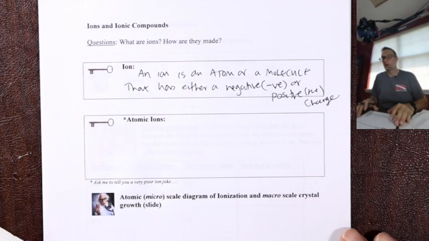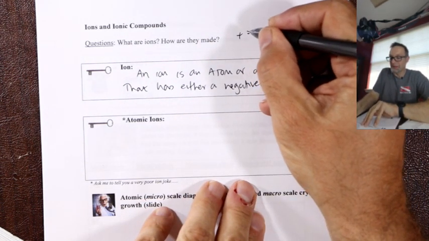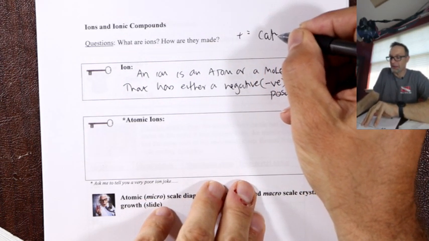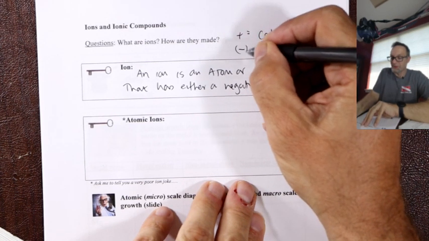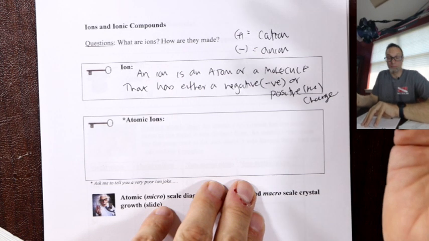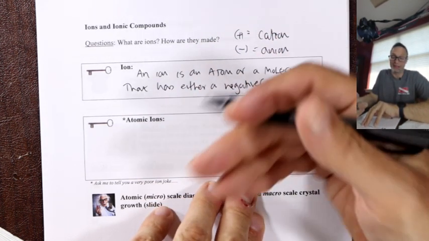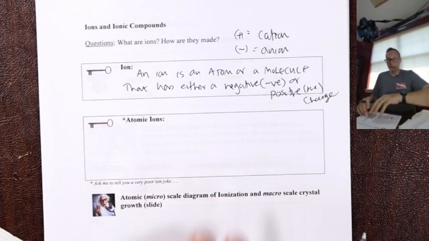That's essentially what an ion is, okay? Now, just right up here, plus equals what we call a cation, minus equals an anion. So if I say, hey, cations, plus ions, Na plus, stuff like that, anions, minus ions, Cl minus. All right, so atomic ions.